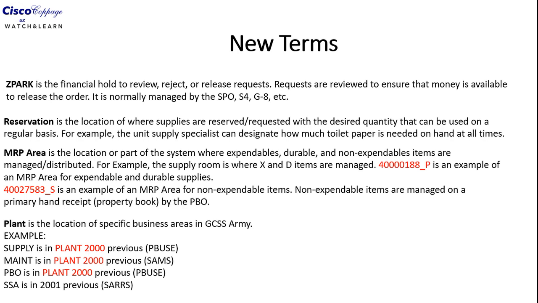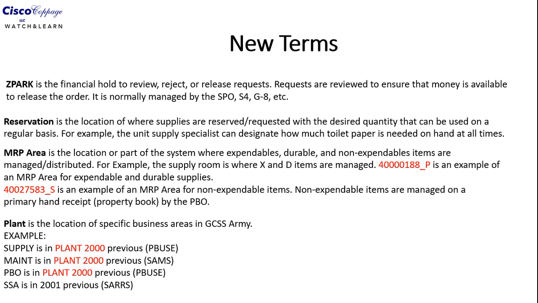For example, the supply room is where the expendable and durable items are managed. 400-00188_P is an example of an MRP area for expendable and durable supplies. 400-27583_S is an example of an MRP area for non-expendable items. Non-expendable items are managed on a primary hand receipt, aka property book by the PBO.